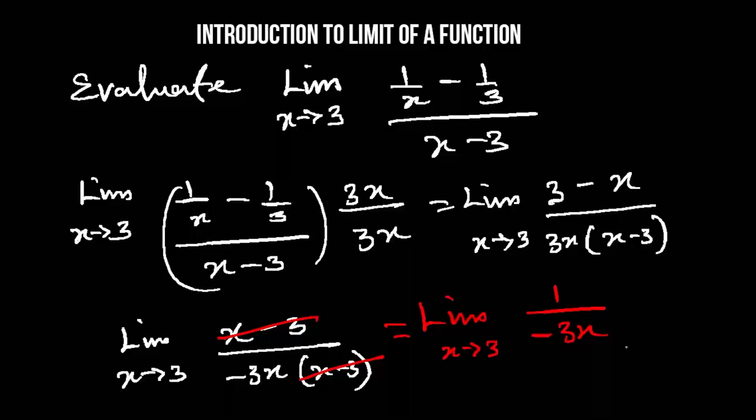We have reduced this very much better, so we can input the value of x. We have 1 divided by negative 3 into 3, and that will give us that the limit is equal to negative 1 over 9. I hope you understand this now.